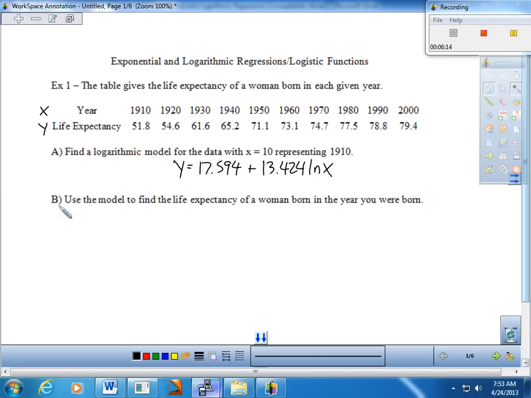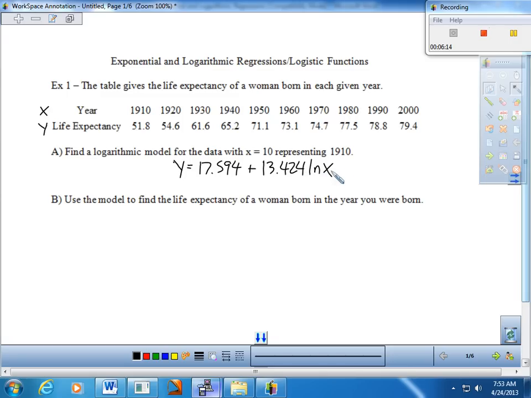And so that brings us explicitly to letter B. It does say use the model to find the life expectancy of a woman born in the year that you were born. So in this case, X is going to be the year born. Take that year, whatever it may be, and all you have to do is put that in for X and just do the calculation. So 17.594 plus 13.424 times the natural log of whatever year we're talking about.